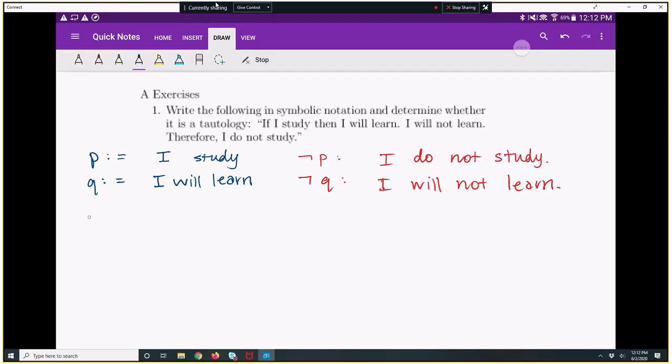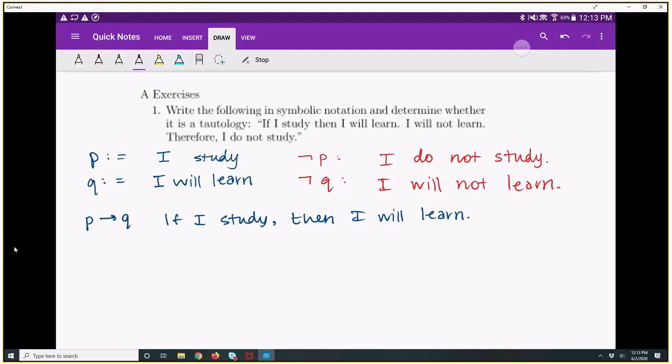P implies Q, or if P then Q, will be if I study, then I will learn. So what we have, if we want to translate this into symbols, is going to be P implies Q, because I have if I study, then I will learn.